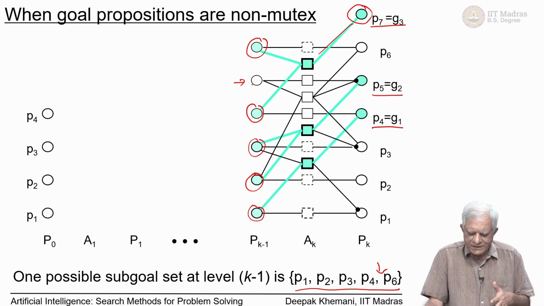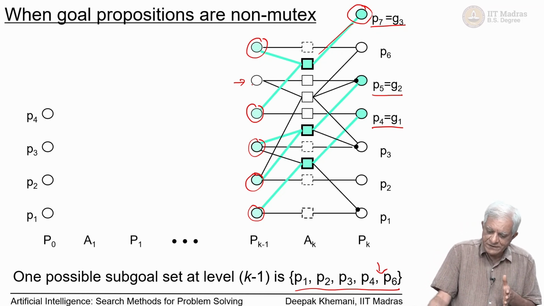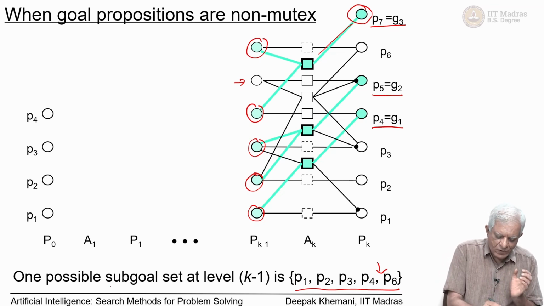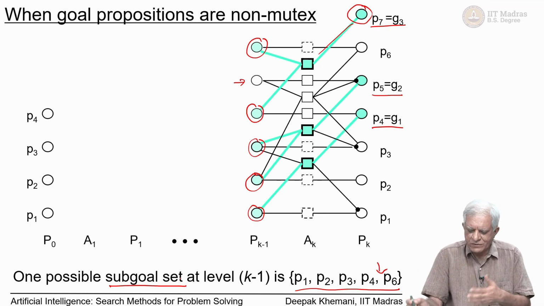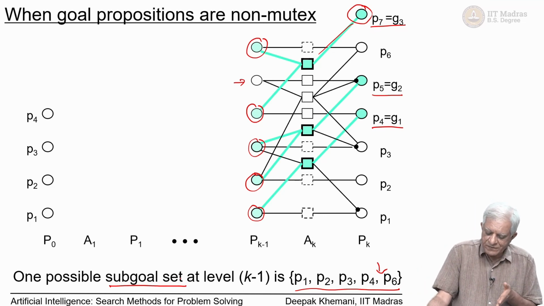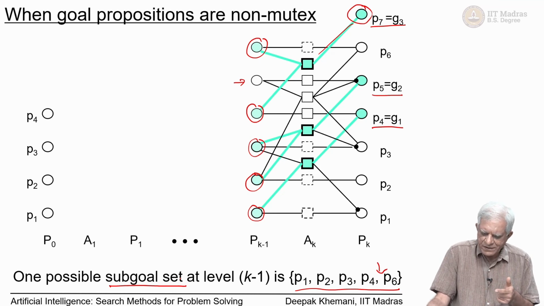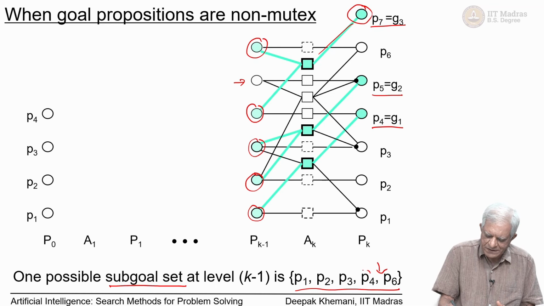So, if these other things are present non-mutex in the preceding layer, then we can continue searching backwards from there. So, that is one possibility, that the sub goal set, if you can think of this as a sub goal set. What is the goal set? G1, G2, G3. The sub goal set is P1, P2, P3, P4, P6. Some of them are the same as G1. So, for example, P4 is same as G1, as you can see.